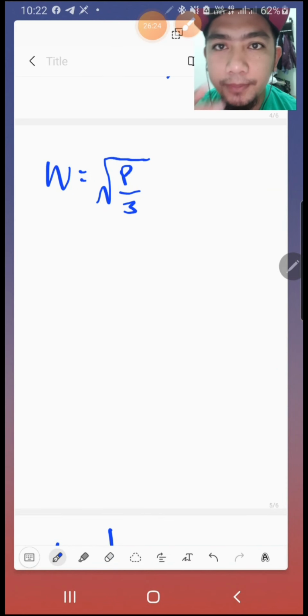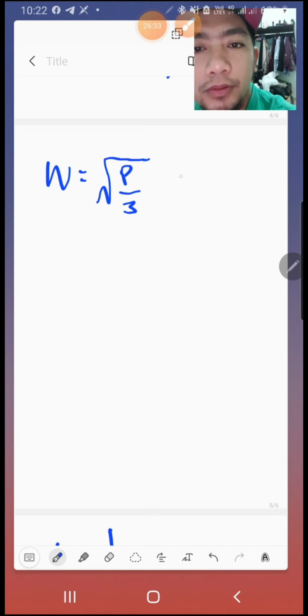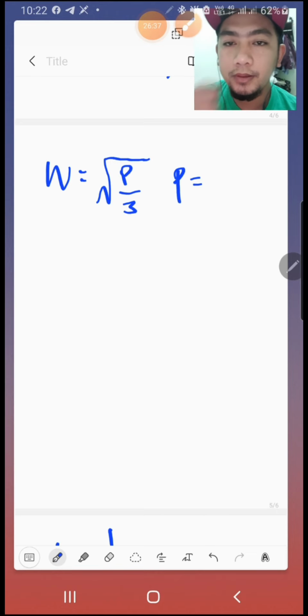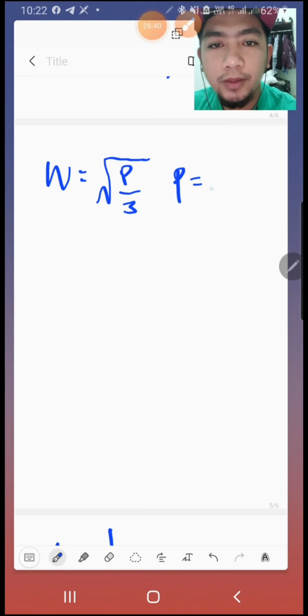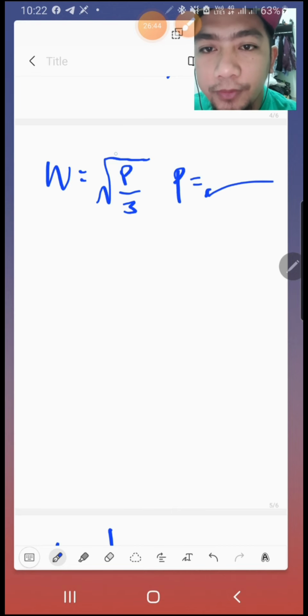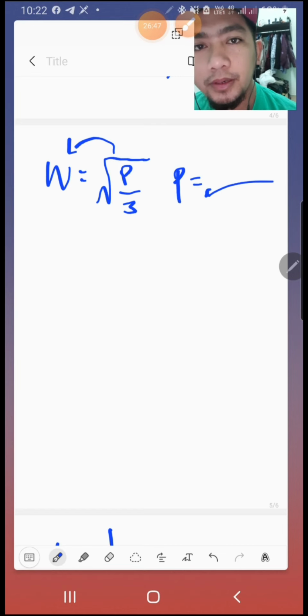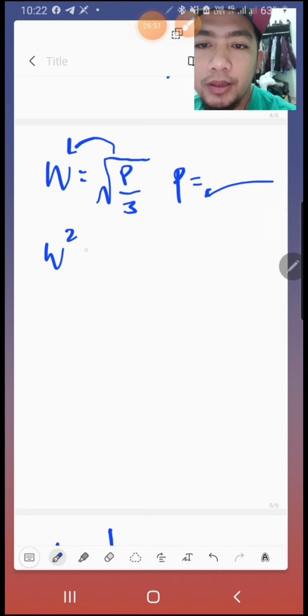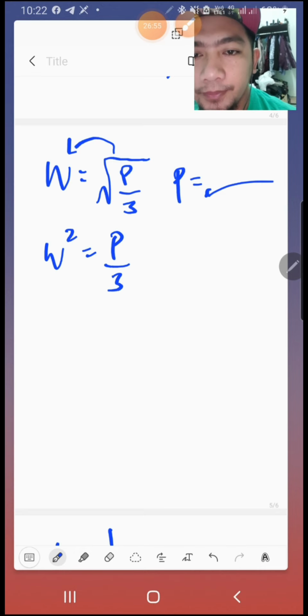So the third example here is W equal to the square root of P over 3. So we need to write P as the subject of formula. So what happened to the variable? First of all, you need to bring the square root to the left, right? So it will become W square equal to P over 3.